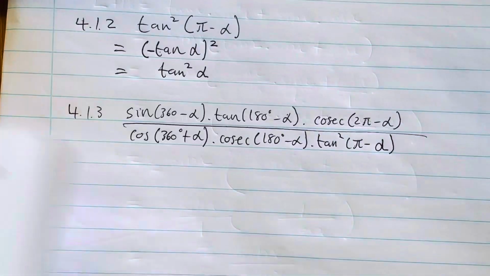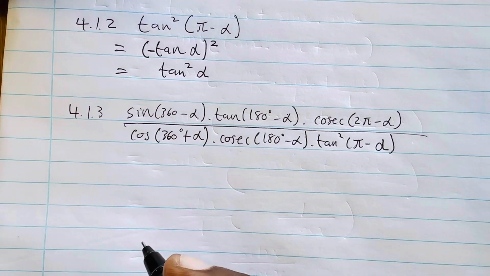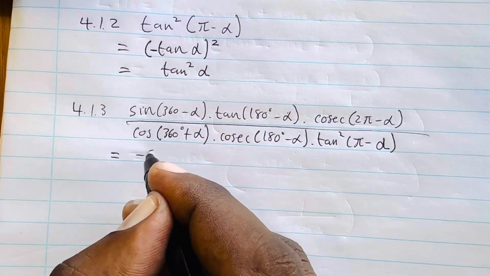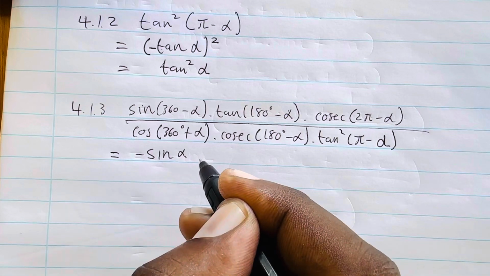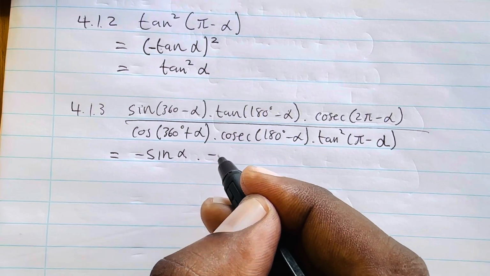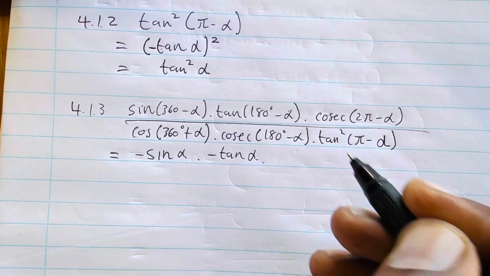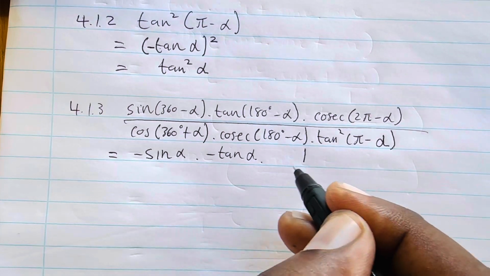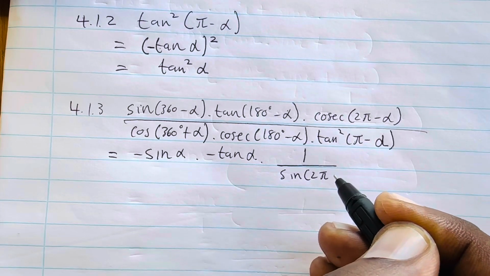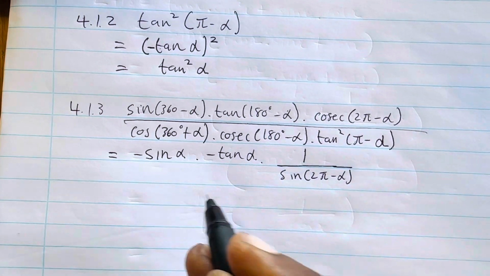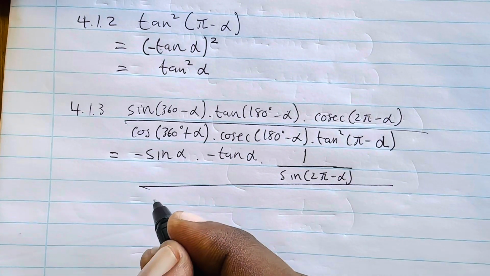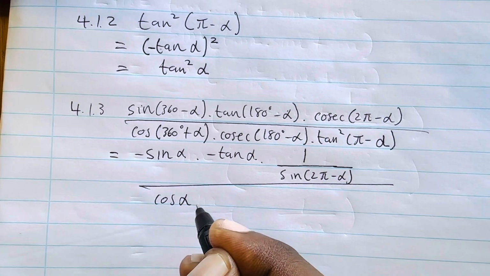Thank you very much. So let's start solving now. Sine of 360 minus is not the home for sine, so we're going to have minus sine alpha. Tan of 180 minus is not the home for tan, so minus tan alpha. Cosecant is 1 divided by sine of 2 pi minus alpha, all divided by cos of 360 plus alpha, which is in the first quadrant, so it's positive: cos of alpha.